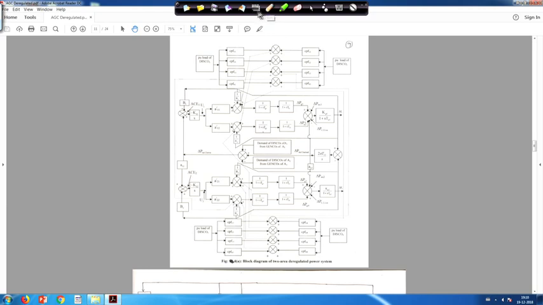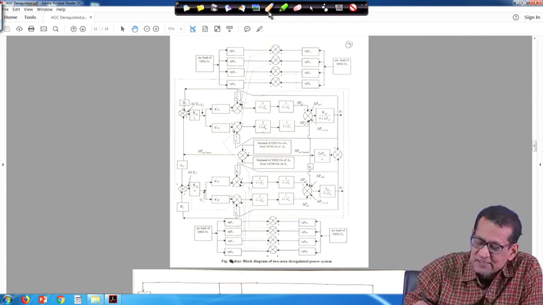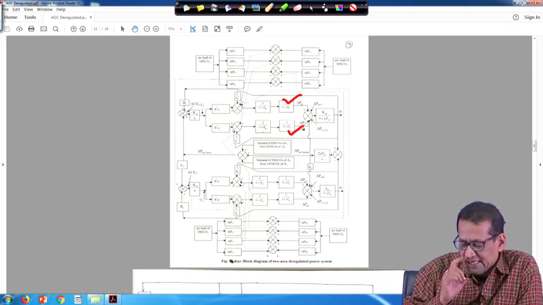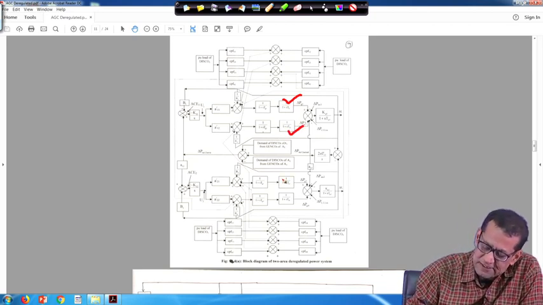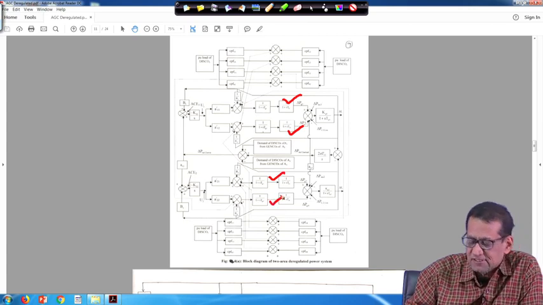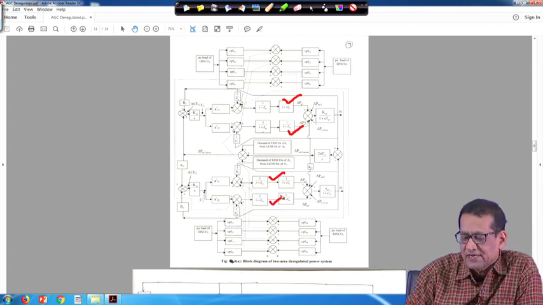In this case, in area 1 two generation companies are there, GENCO 1 and GENCO 2. Similarly, area 2 has two generation companies, and their transfer function models are given.